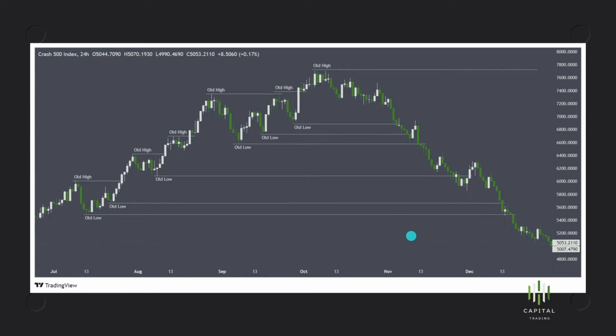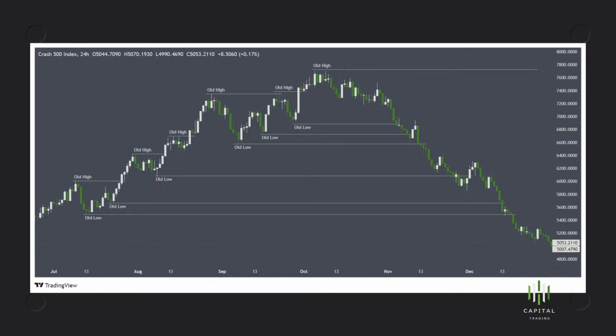This is one of the reasons why we look to old highs and old lows, so that we are able to depict bias, or where the market is likely to go next, right? So that's enough about old lows. We'll get back to it at a later time.